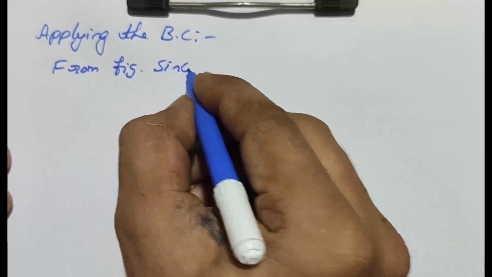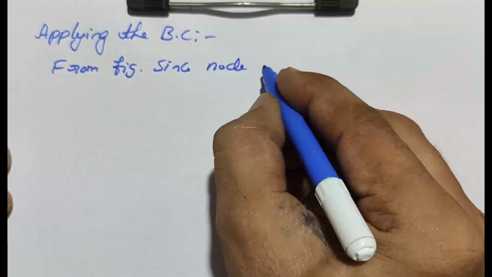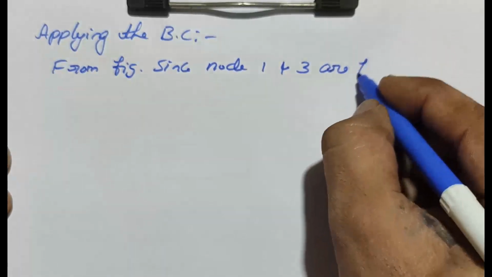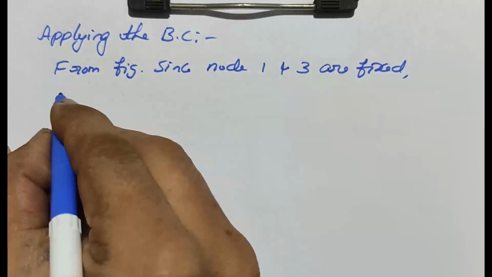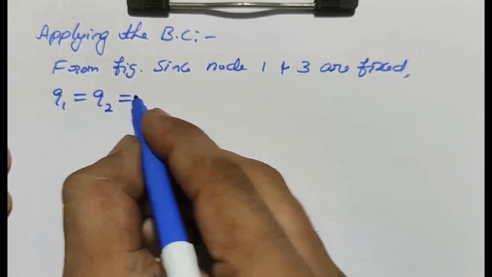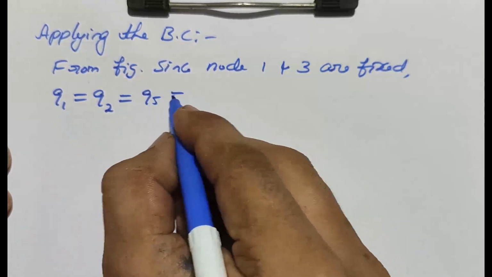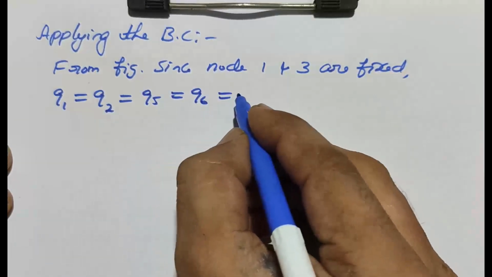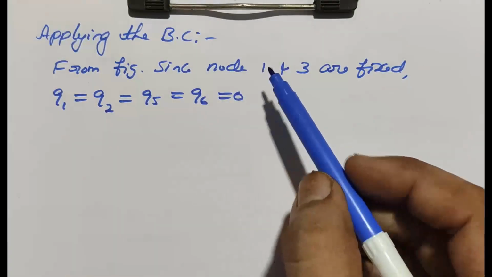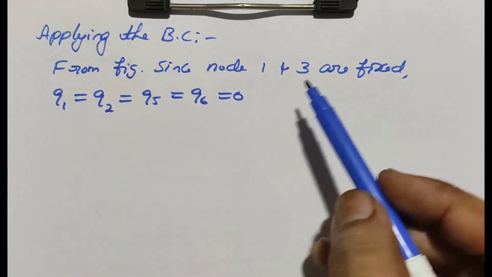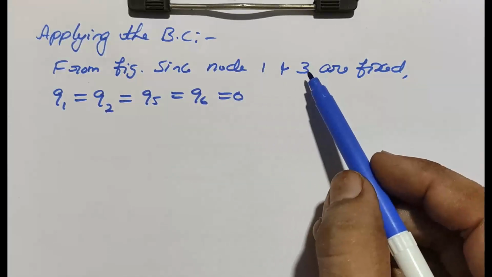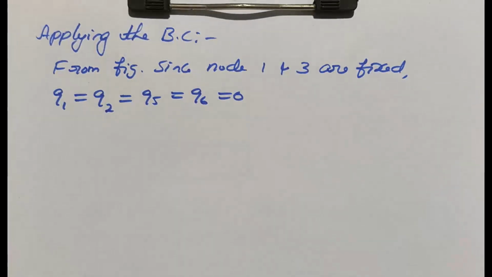Q1 is equal to Q2 is equal to Q5 is equal to Q6 is equal to 0. Q1, Q2 are the displacements at node number 1 and Q5 and Q6 are the displacements at node number 3.